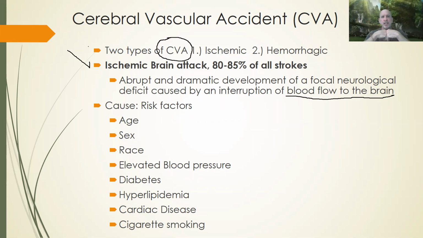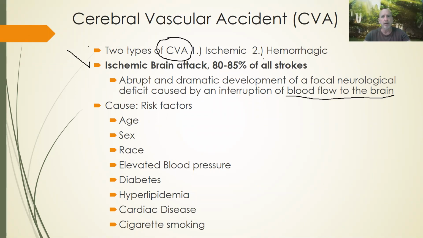This is basically an ischemic brain attack, a heart attack of the brain. A blood vessel gets plugged, and that area of the brain that's fed by that blood vessel is now being deprived of oxygen. You deprive an area of the brain of oxygen, the tissue dies, you get necrosis. So our goal is to get blood back to that section of the brain as quickly as possible.